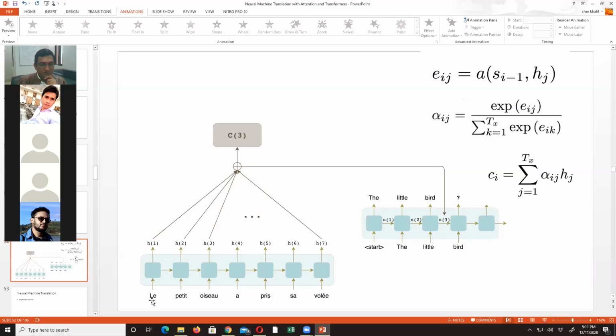So when you gave LE, you got hidden state 1, you send it to the next encoder, but also send it here. When you send this word, you got hidden state 2, you give it to the next encoder, but also give that here, right? And continuously giving all these values here, and we actually say Eij equal to, look at what is context vector i. So this is context vector 3.